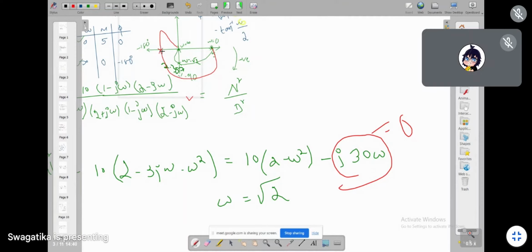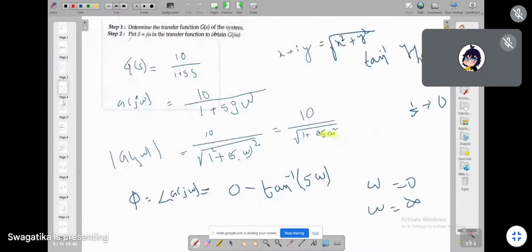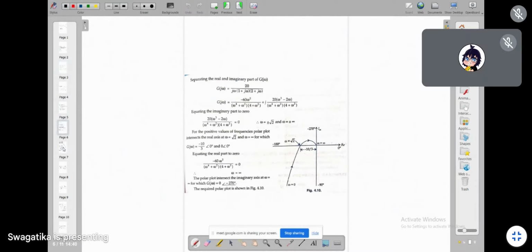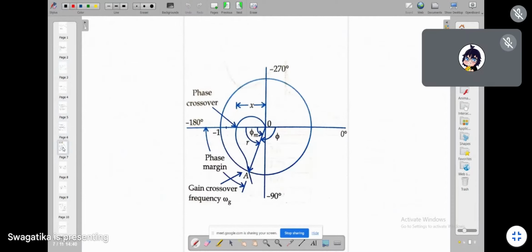So we will end here; this much is your polar plot, the general plot. Now we will go further. We will go for the phase margin, gain margin, and stability.